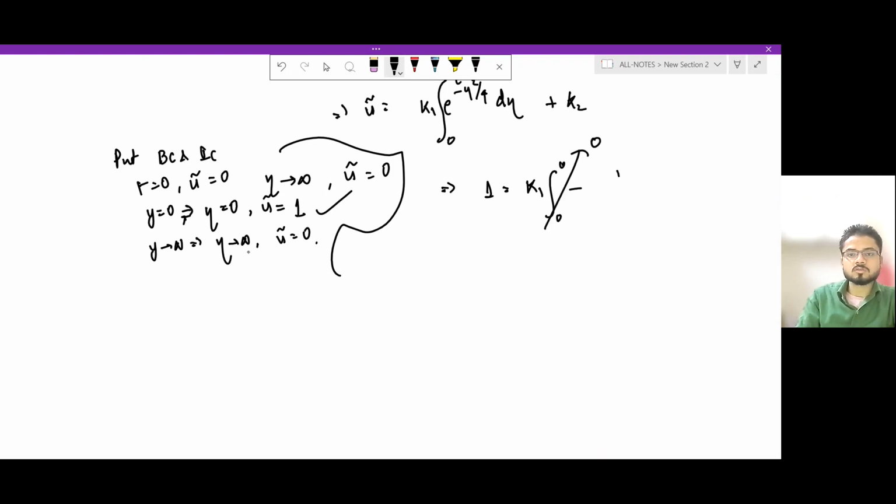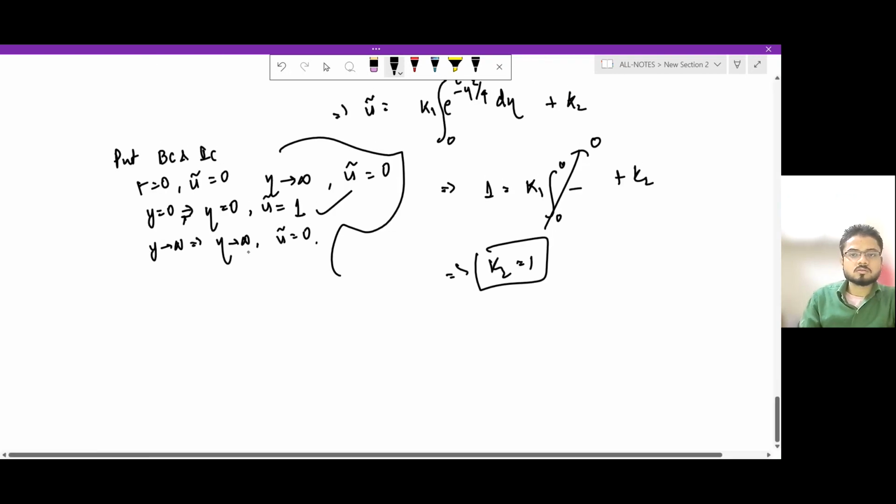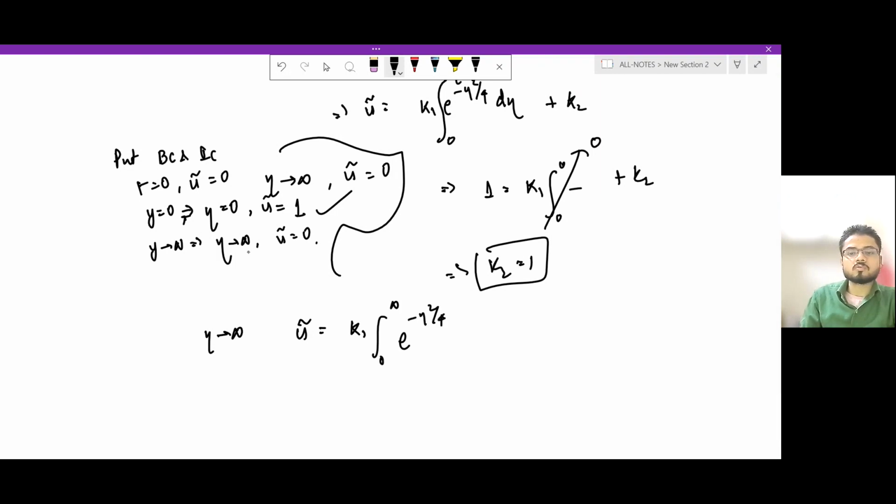Whatever that is, this will be 0, and k2 equals 1. This is the first constant, k2, and for eta tends to infinity, u tilde is k1 integration from 0 to infinity e to the power minus eta squared over 4 d eta plus 1.